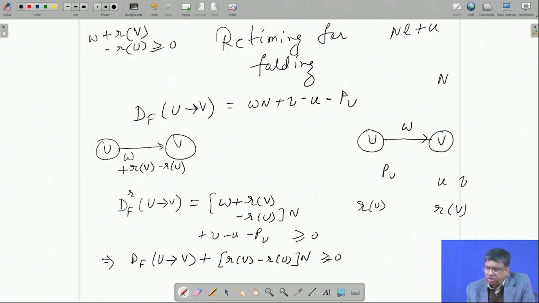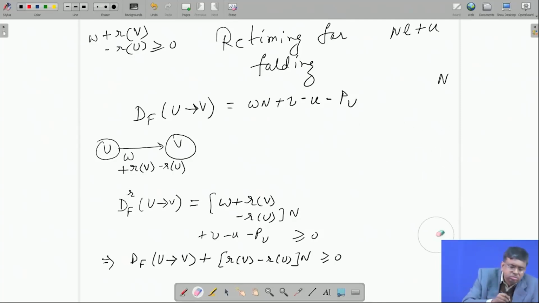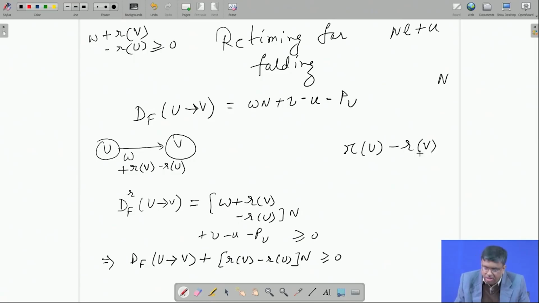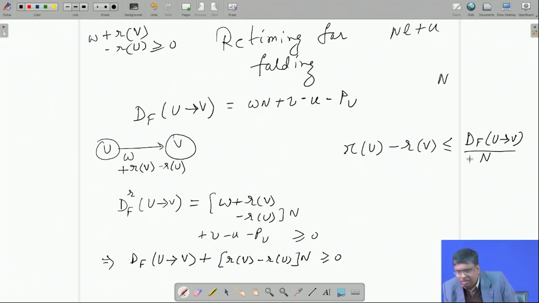So, if you take R v minus R u times n to the other side, this gives rise to another inequality: R u minus R v, times n, is less than or equal to DF(u to v), that is, originally before retiming, whatever be the expression, and you divide by n.